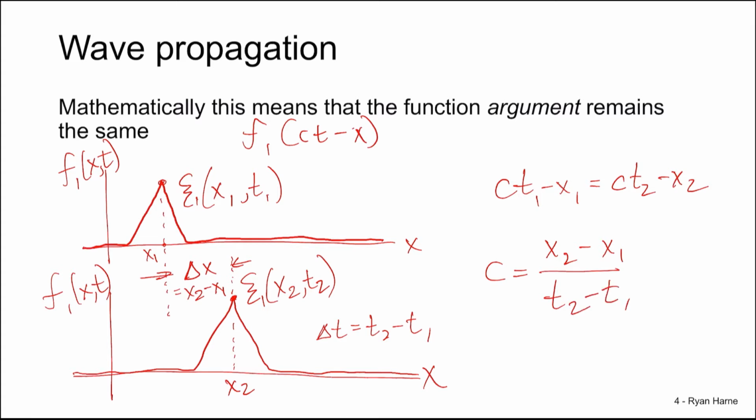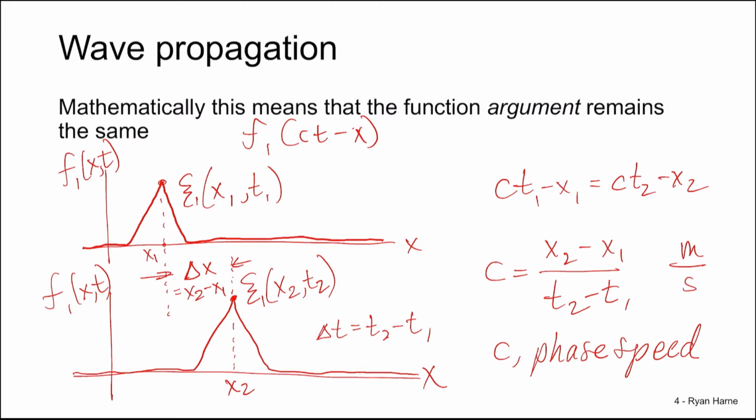And if we think about the units here, in the numerator we have meters in the SI units, and in the denominator we have seconds. So c is a speed. Specifically, c is called the phase speed. It's the speed of a constant point of phase. And we see this specifically, the phase being mapped from zeta 1, positioned originally at x1, now going to x2. c is the phase speed. It is the speed of a constant point of phase.